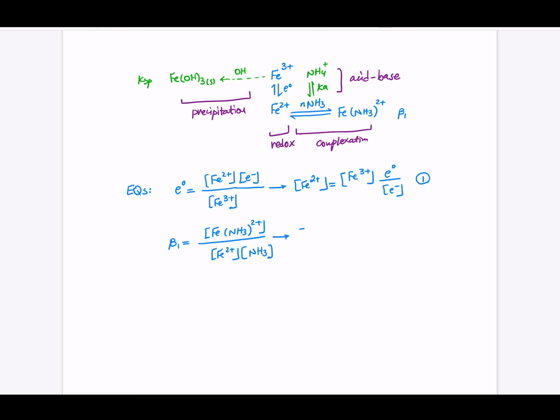Therefore, we get Fe2+ equal to FeNH3 2+ divided by beta 1 times ammonia.